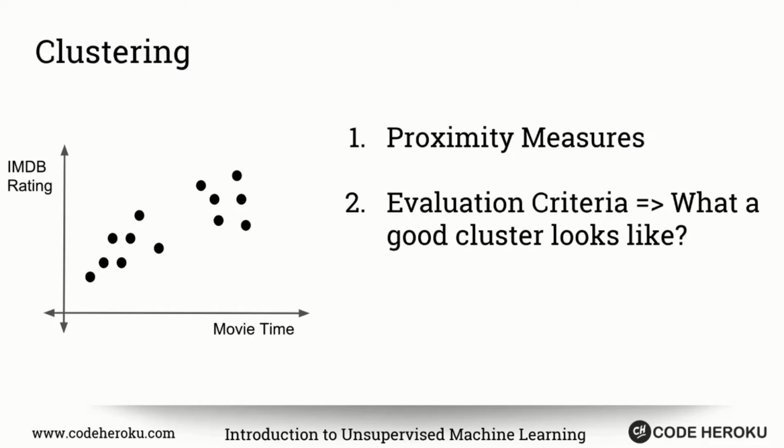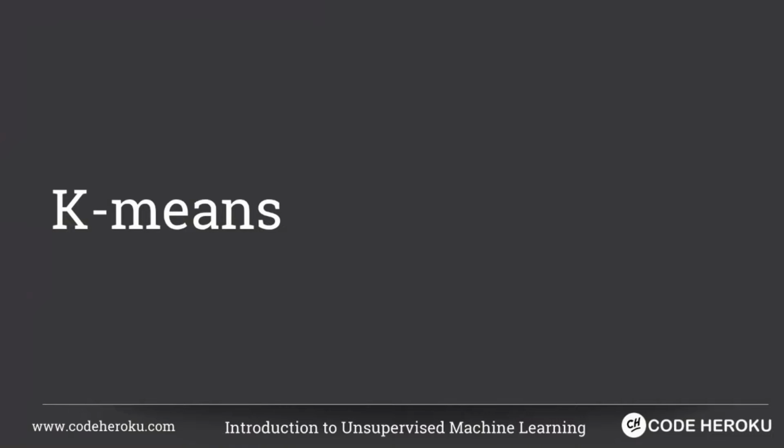But today we are going to study one such specific approach to clustering, which is called k-means, and it's by far one of the most popular algorithms for clustering. So we are going to go in depth into how k-means finds those clusters. At a high level, we know that we need two things.